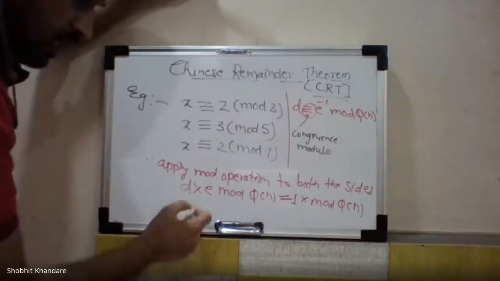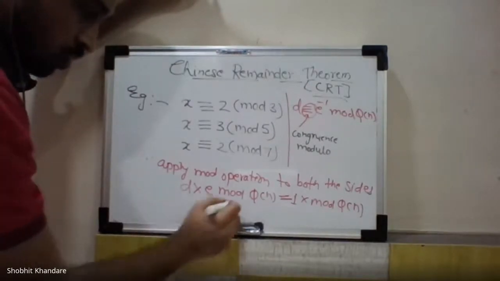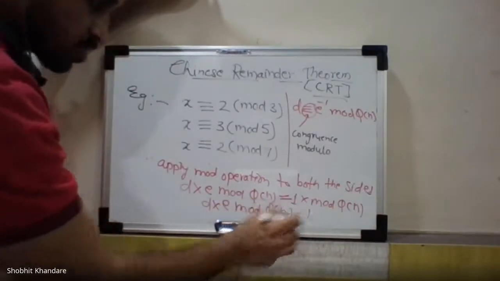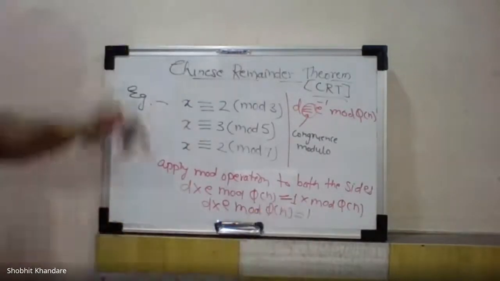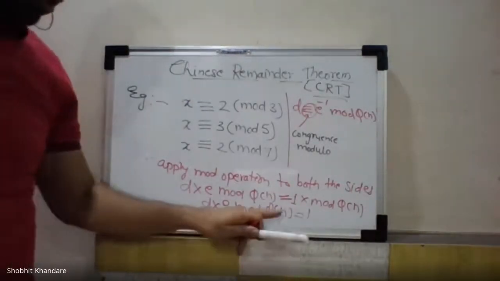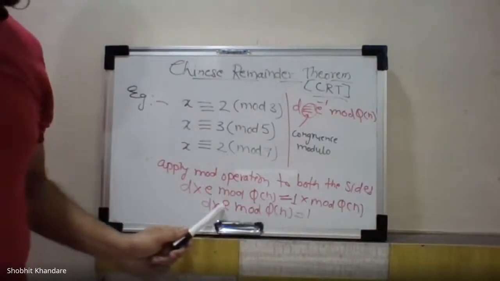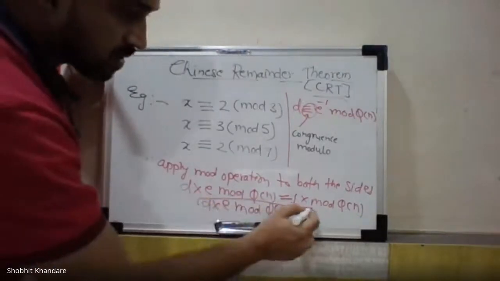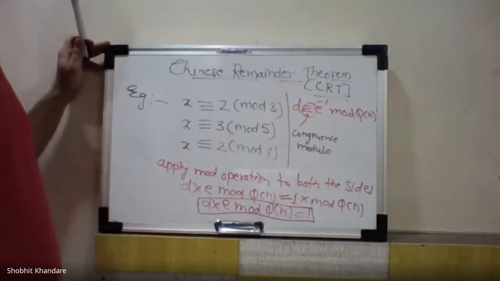Okay, and lastly I can write down d into e mod of phi of n is equal to 1. So 1 into mod of phi of n, that is nothing but 1. d into e mod of phi of n is equal to 1. So this is the equation which we have already seen in the RSA algorithm.